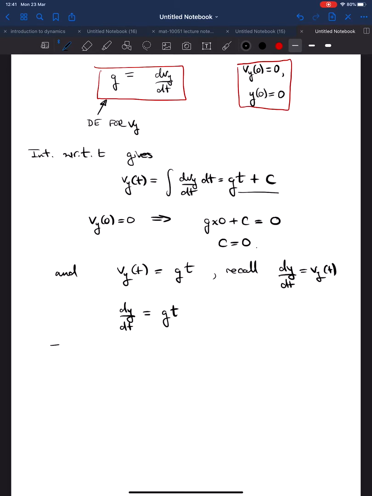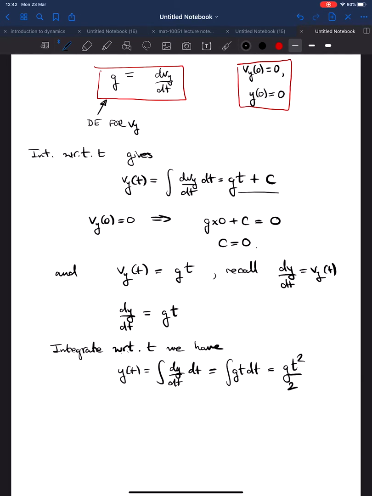So if we integrate with respect to t, we have y of t equals the integral of dy by dt with respect to t, which gives us gt squared over 2 plus b. And this constant you find using the initial condition y of 0 equals 0.